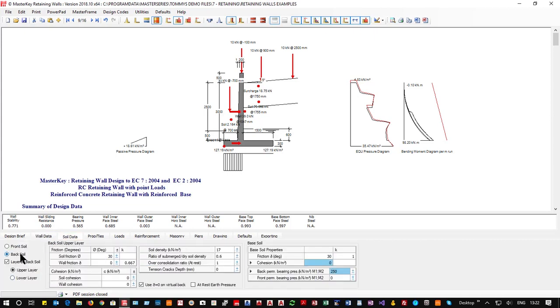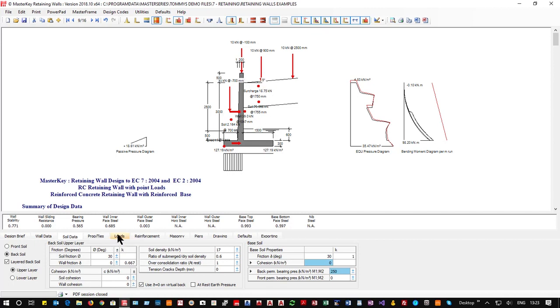We can see that we've got a back soil that is layered, and the lower layer starts at 2 meters up and has a 5-degree angle. So we're inputting our additional layer of soil, and our lower layer is a more dense soil, as you would normally expect. And what we've also put on this is a lovely point load on the wall.